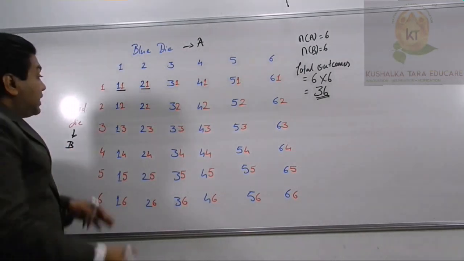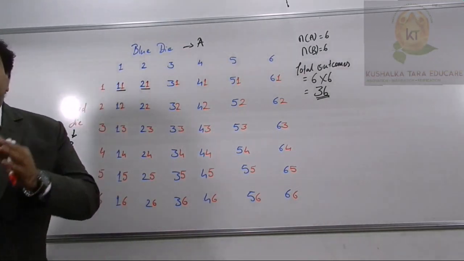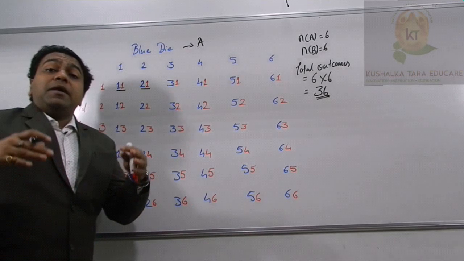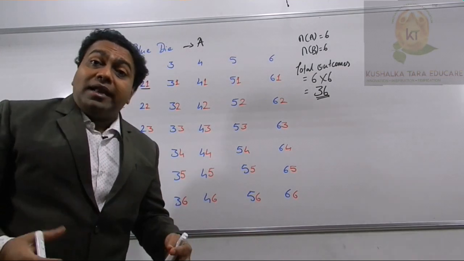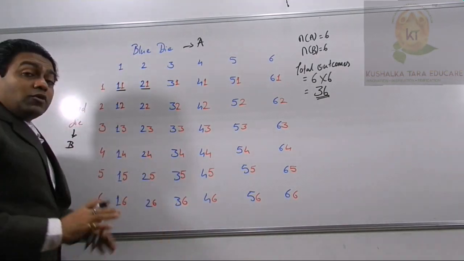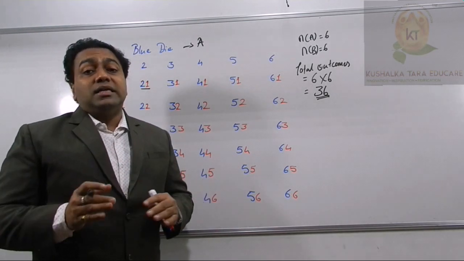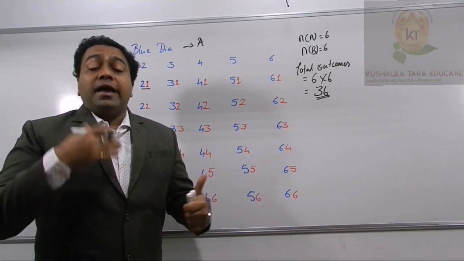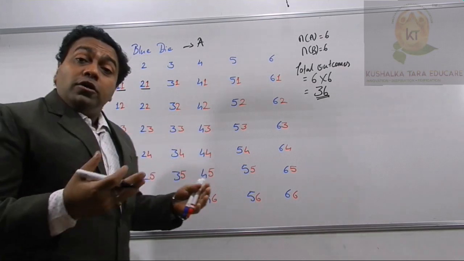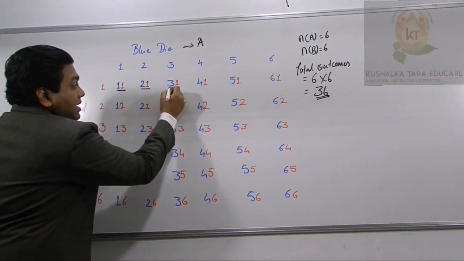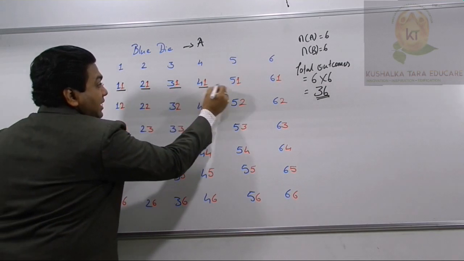So that odd number can be on a blue die, it can be on a red die, it can be on both the dice as well. It can be anywhere. So we are going to consider all those events where the odd number is occurring either on a blue die or on a red die or on both of them. So I am going to underline it for your better understanding, right?